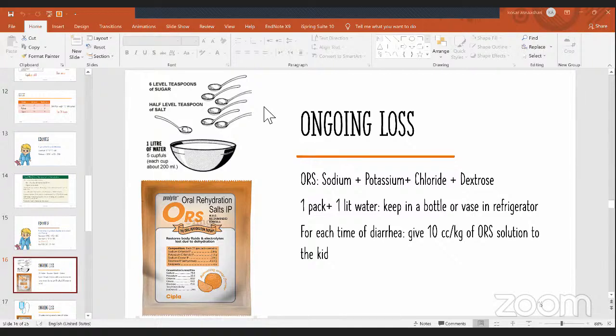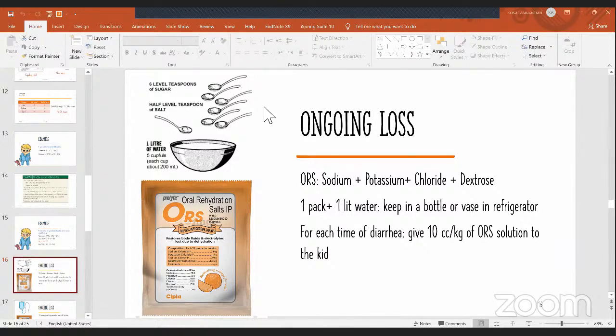So what we say is that you should administer some fluid equal to the amount of stool that the patient passes each time, okay? For each time of defecation, we will tell the mother that each time that she passes a stool, you should give your child this amount of fluid so that you compensate for that amount of stool that is passed, okay?